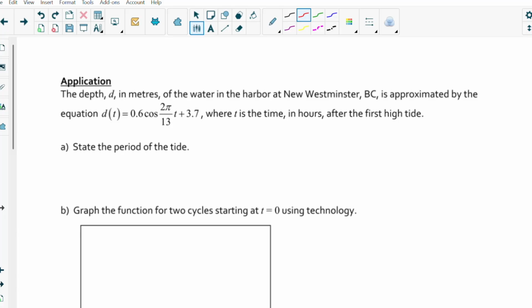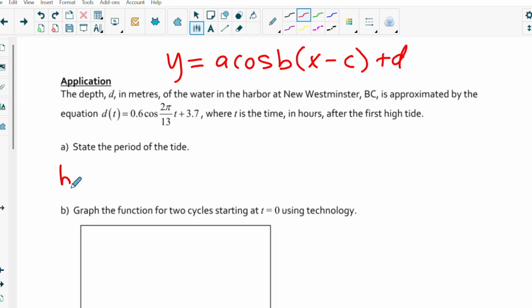State the period of the tide. Okay, when I look at my general transformation model here, y equals a cosine of b times x minus c plus d, well, my b value right here is 2 pi over 13.